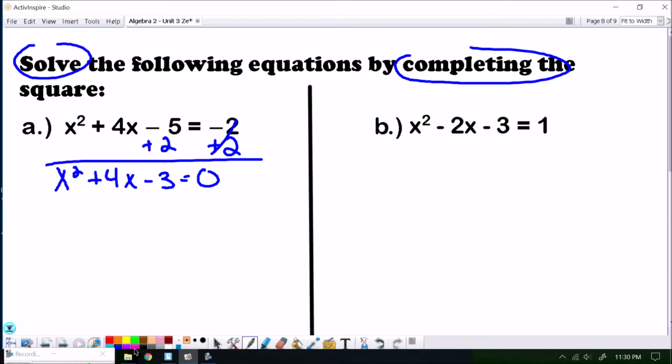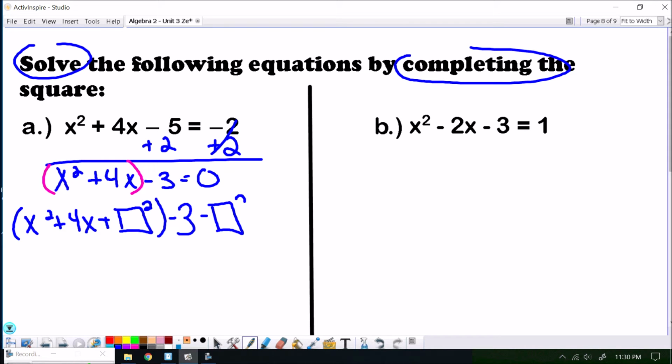And now we're going to complete the square. So that means I'm going to focus on these first 2 terms. So x squared plus 4x, I'm going to add something squared, and then I'm going to subtract off that something squared again. The thing that goes inside the box is this middle term divided by 2.